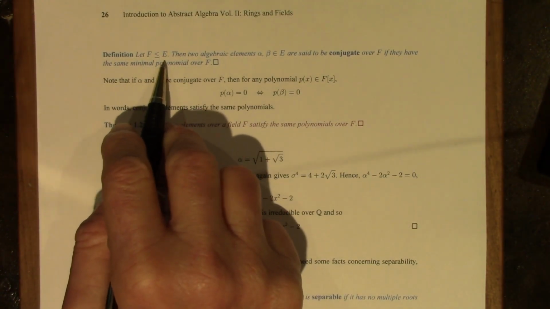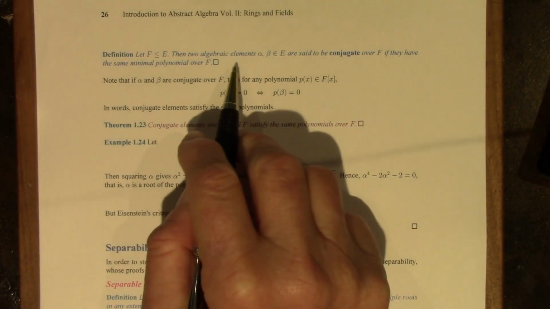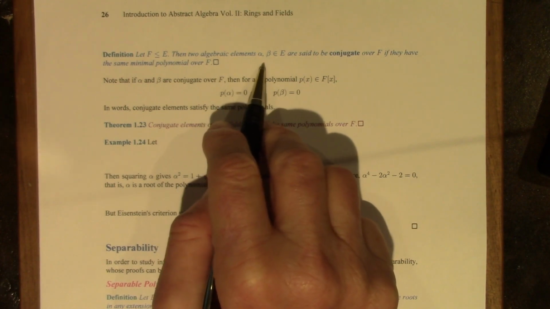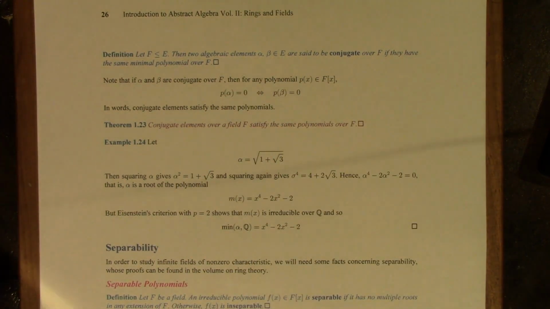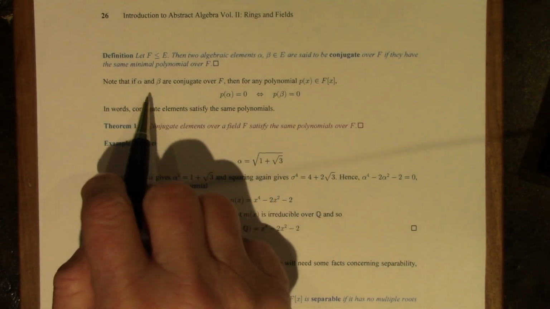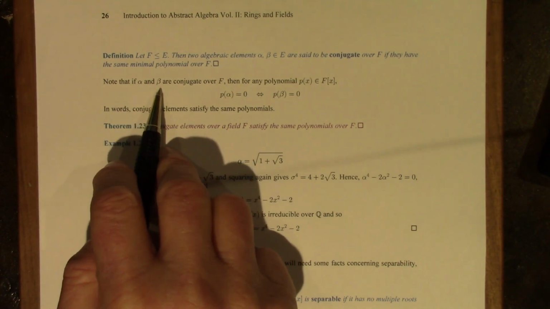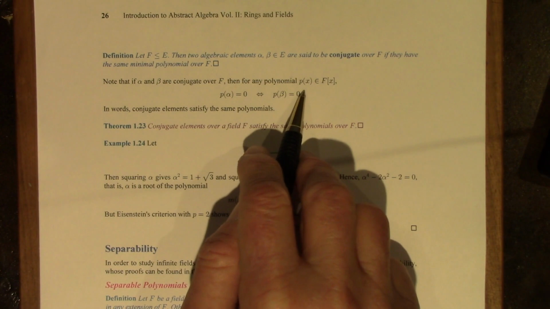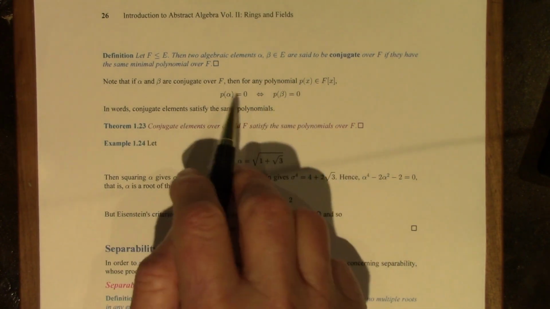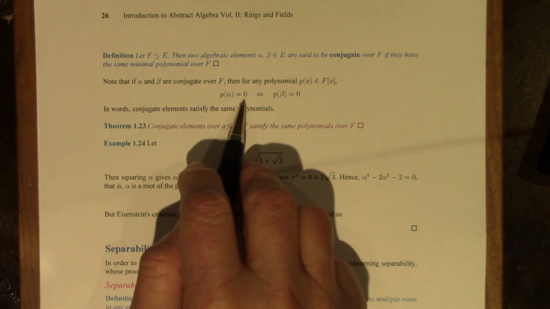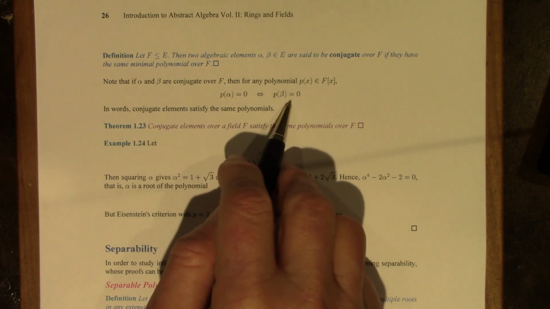If F E is a field extension, then two algebraic elements, alpha and beta in E, are said to be conjugate over the base field F if they have the same minimal polynomial over F. If alpha and beta are conjugate over F, then for any polynomial p of x over F, p of alpha is 0 if and only if p of beta is 0.